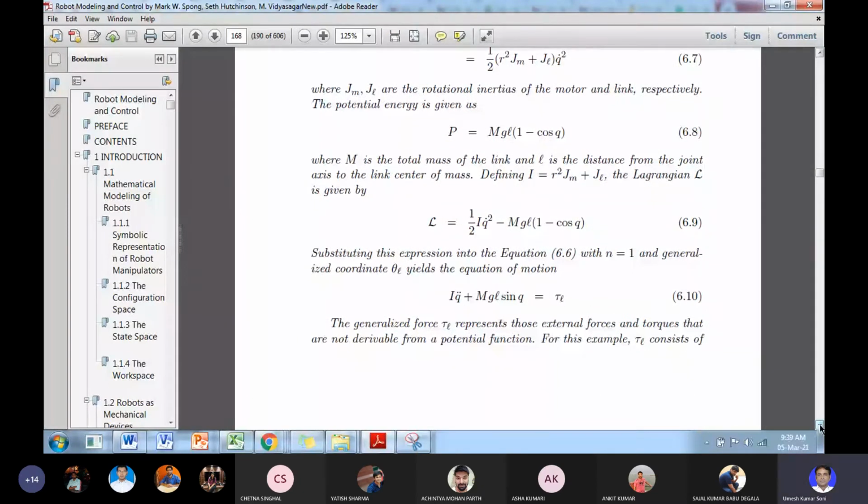Okay, here what will be the total torque?